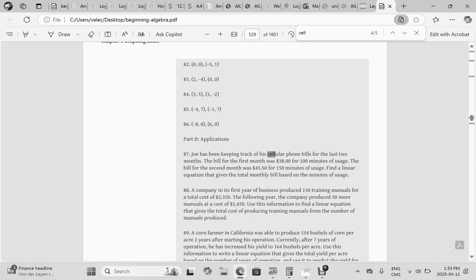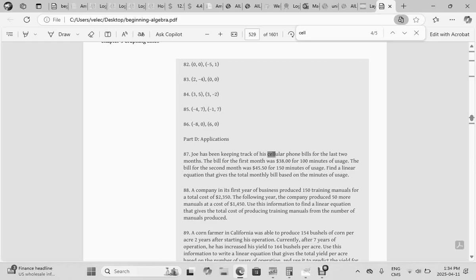Find a linear equation that gives the total monthly bill based on minutes of usage. We need to figure out the slope, because we're trying to find the change in price based on minutes of usage. We'll need to figure out the slope as well as the base fee, the monthly plan fee.